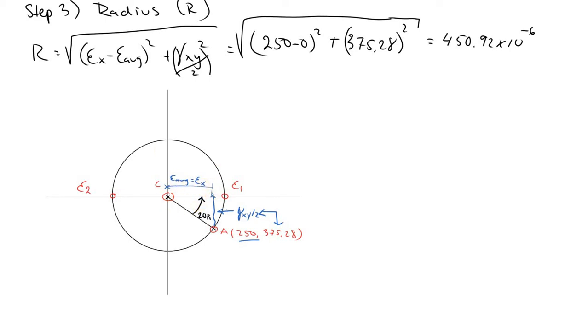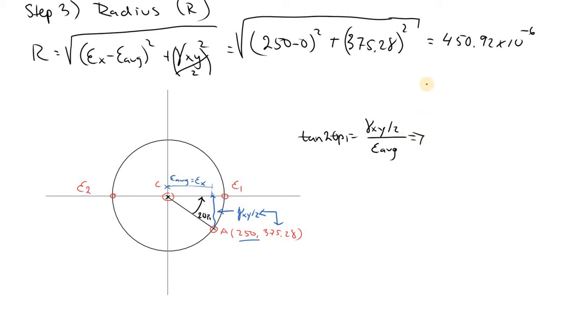Now that we have those values from geometry, we can find our angle 2 theta P1. We know that tan 2 theta P1 is the shear strain divided by 2 on our average normal strain.